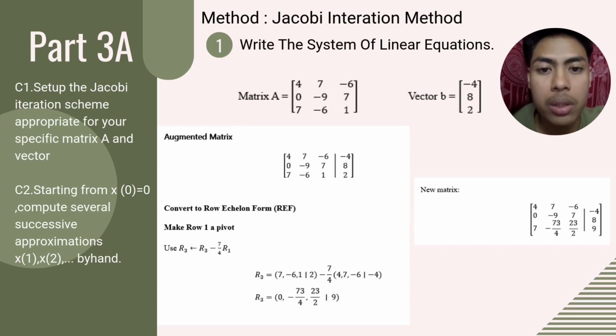For the second condition, we start with the initial guess x0 = (0, 0, 0). Using the iteration formulas, successive approximations x1 and x2 and so on can be computed by substituting values from the previous step.